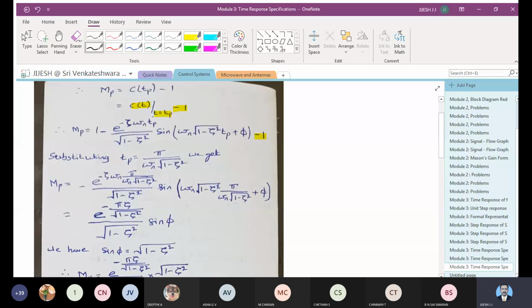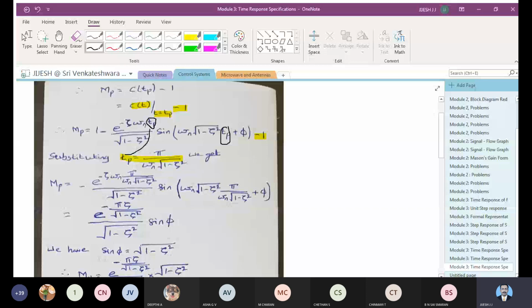The equation for Tp is Tp is equal to pi divided by omega n root of 1 minus zeta square. So substitute this Tp in this equation, and write the equation for Mp.